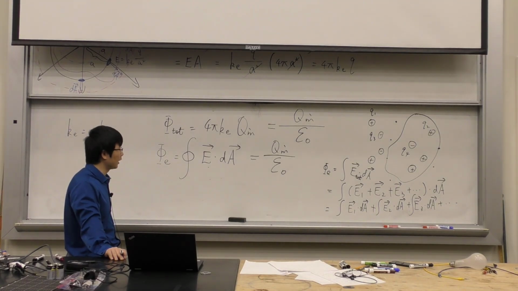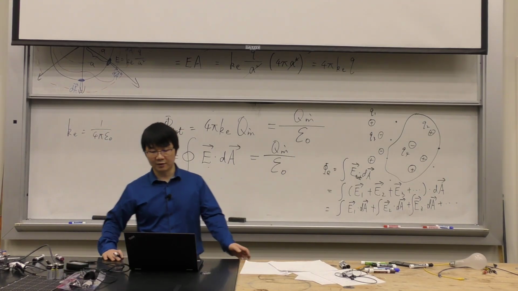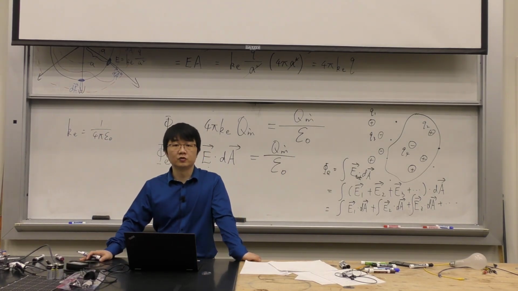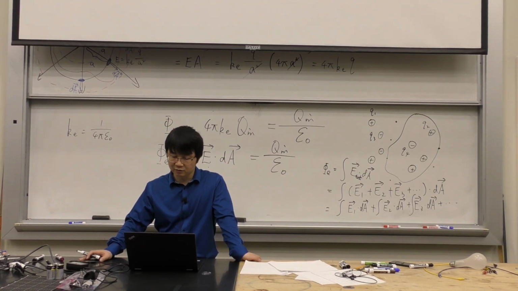But that's a fundamental theory in nature, and Coulomb's law is just a conclusion of this law. And using Gauss's law, we will be able to unify electric field and magnetic field. That's the significance of Gauss's law. It's very important.